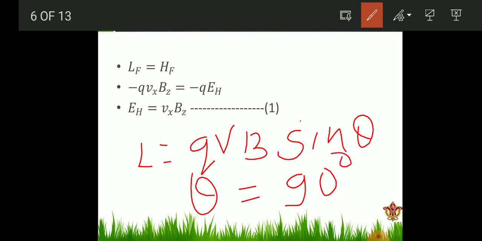Therefore we write LF equals minus Q Vx Bz. X shows the direction of the electric field for this derivation, and Z shows the direction of the magnetic field, which I have used in the suffix.